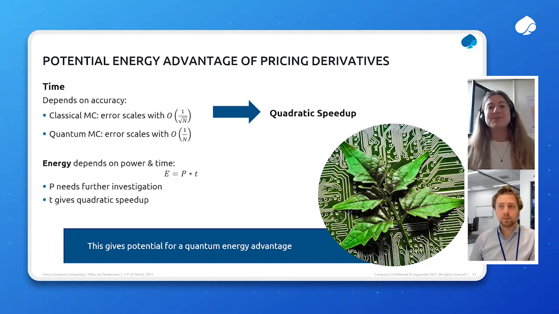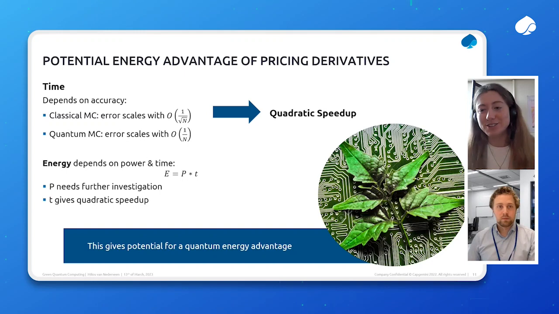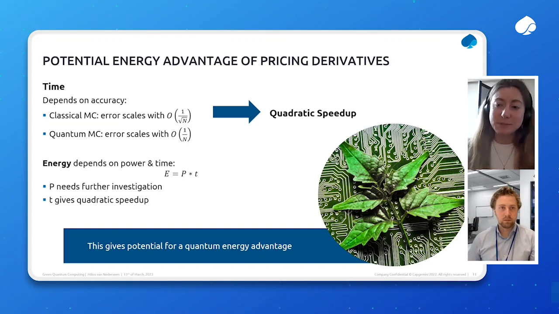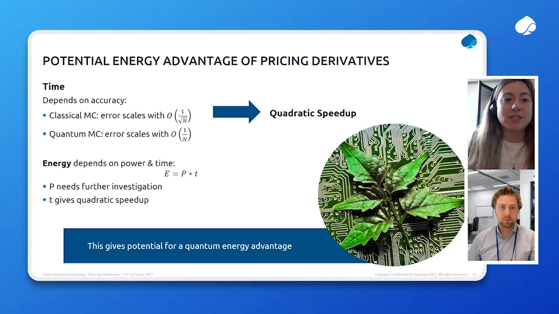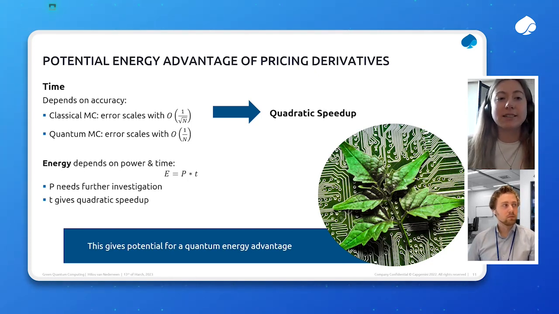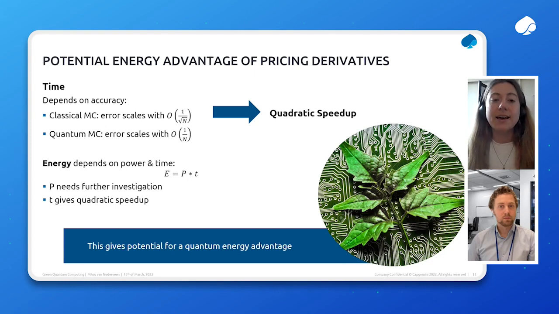Now, why is this all so interesting and so relevant? This is because we can see a potential energy advantage of pricing derivatives, because we have this classical Monte Carlo simulation that has a certain scaling of the error, and a quantum Monte Carlo simulation that scales differently, which leads to a quadratic speedup of the quantum algorithm.